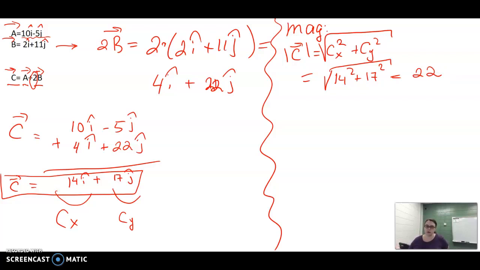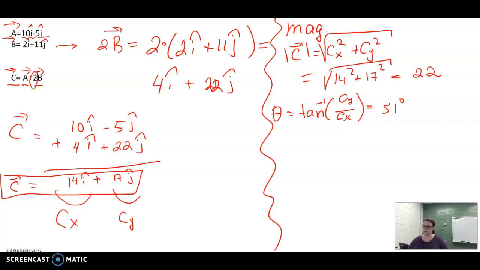Now, what about the direction? For the direction, I gotta take inverse tangent of Cy divided by Cx, and it's inverse tangent. And according to my calculator, this happens to be approximately 51 degrees.